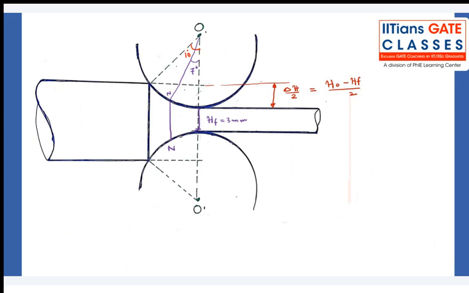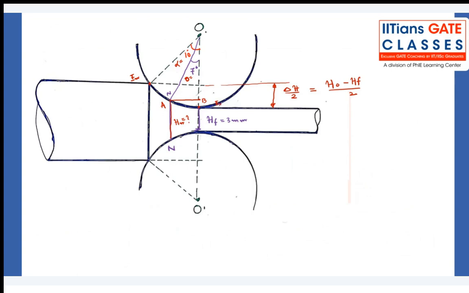Now let us join these two points, A and B. Our intention is to find this thickness, HN, the thickness at the neutral point. This is alpha equal to 10 degrees and theta equal to 7 degrees, the sustaining angle theta. The angle of bite is at the entry point, and this is going to be the exit.